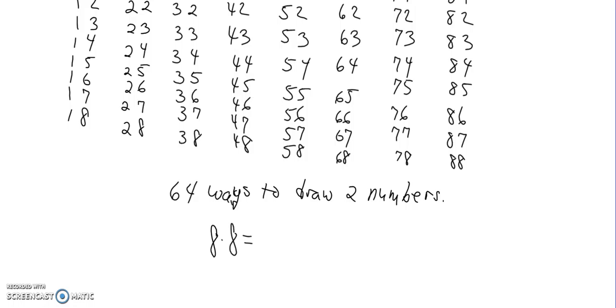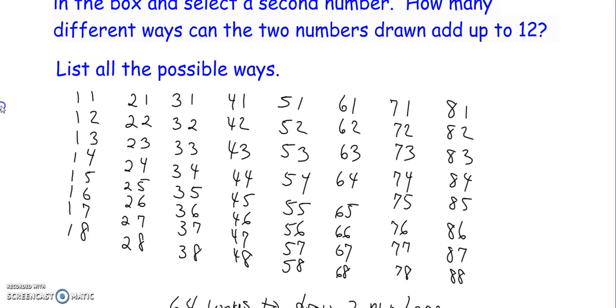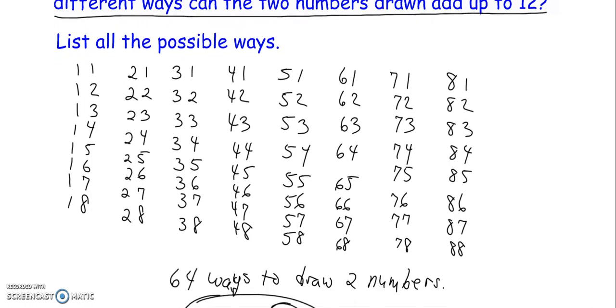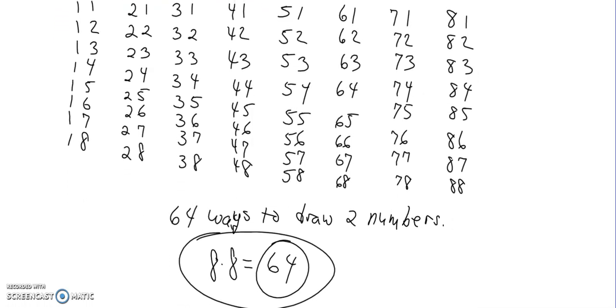And if you had multiplied those, you could have done a really quick multiplication and not had to write down or count up. So yes, I would prefer you to be doing this than writing all of these out. But now the second question is, how many different ways can two numbers be drawn that add up to 12? So first, it is good to notice that the 64 comes from 8 times 8.